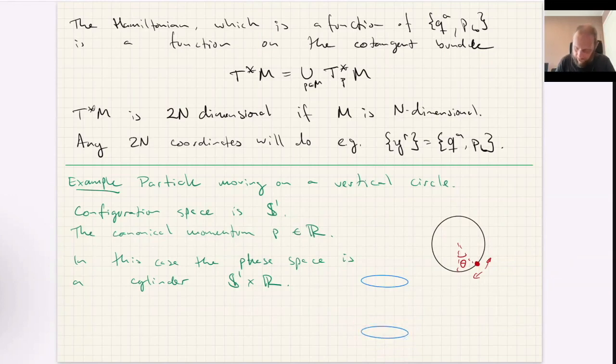So you have this cylindrical structure. Essentially, a point in phase space here is a point on the circle, but it's also a momentum.